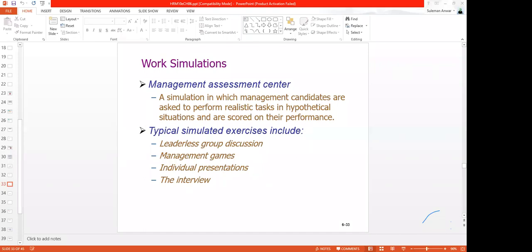It is a simulation in which management candidates are asked to perform realistic tasks in hypothetical situations and are scored on their performance, right? Typical simulated exercises include leaderless group discussion, management games, individual presentations, and interviews. So these are the types of simulations we can have in the management assessment centers.